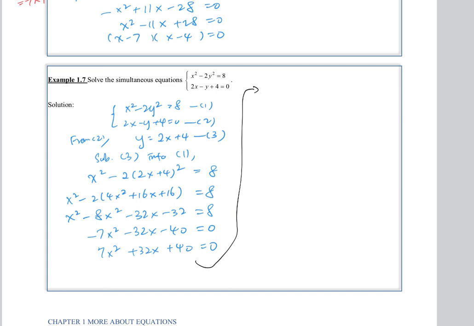So if it happens, you can check the discriminant. B squared minus 4AC, which is negative 96, less than 0. Therefore, there is no real solution.